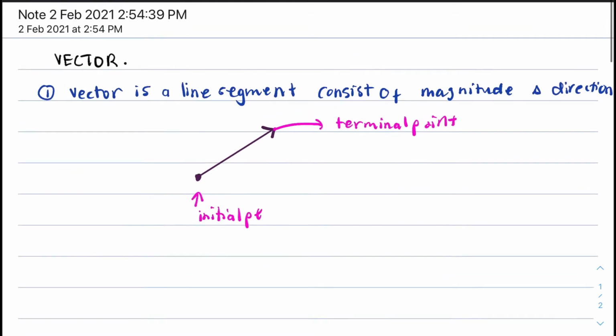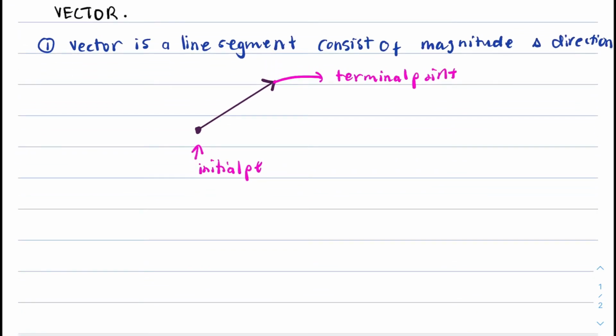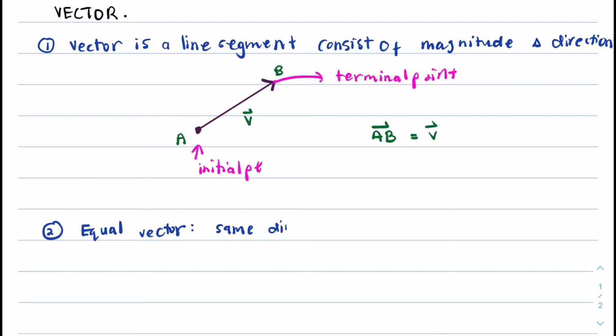Okay, now representation of a vector, you can write it as, whether you name it as vector V or any unknown with this particular arrow on the top of your letter, or you can put the initial point as point A and the terminal point as point B. So what you can write is vector AB is the same as vector V. Okay, so second thing that you have to know is that for equal vectors, we'll be having the same direction and magnitude.